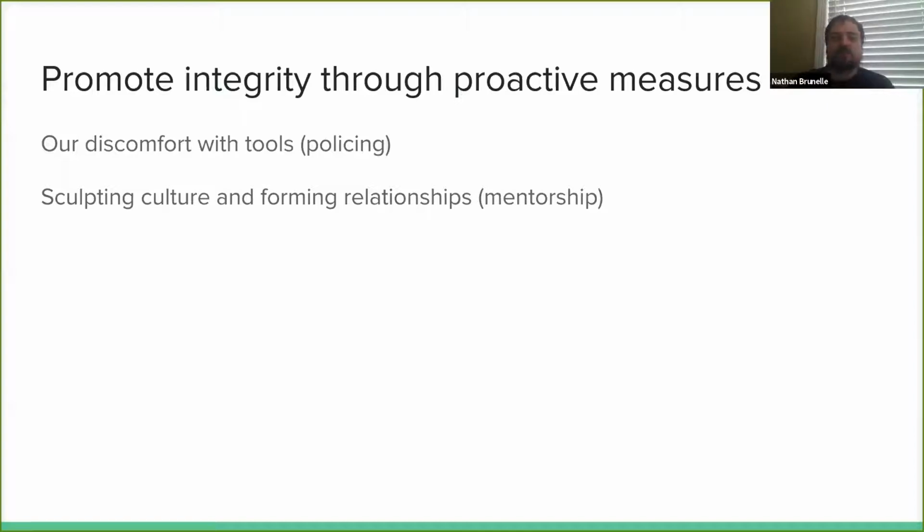So maybe there's some ways that we could communicate with our students better. Maybe there's some way that we could help develop a better culture within our classrooms that could, as a side effect, decrease the amount of dishonesty we're seeing in our classes.